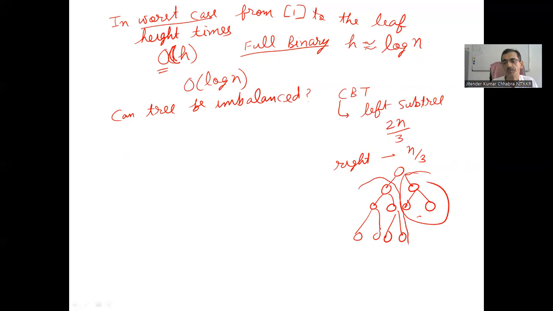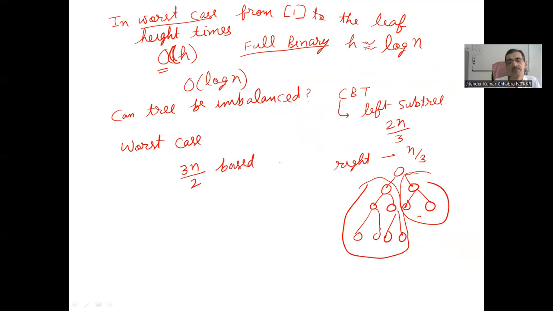And this side is going to be 2/3 on one side, except the root, and the right side is going to be approximately 1/3. Even if this happens, in the worst case I have to go for 3n/2 based height. And that height effectively means a log of 3n/2, so that is log base 3/2 of n, more or less mathematically.